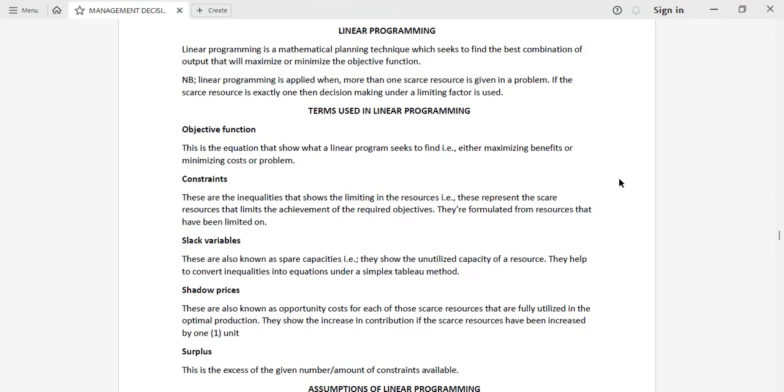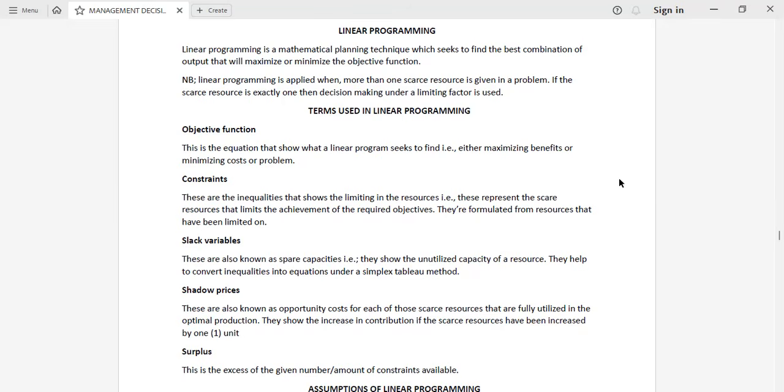In other words, we are looking at the impact if, say, the machine hours we had were 500 hours available. What will happen to the production if we increase the scarce resource, that is the machine hours, by one more hour? What will be the impact?